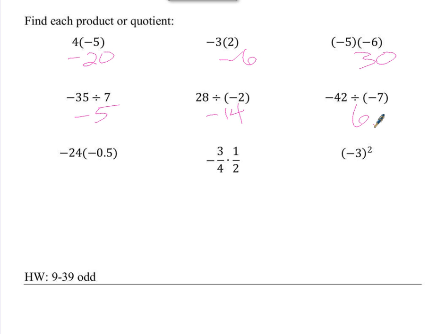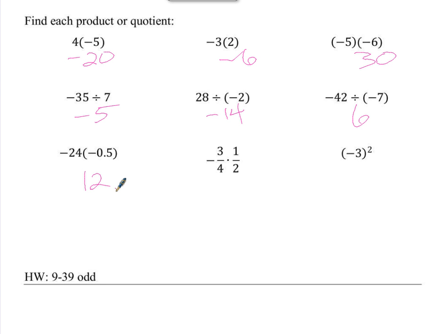How about 24 times 0.5? Positive, and the number will be, is it 12 or 48? It's 12. Positive 12. 24 times 0.5 is the same as 24 times what fraction? 1/2, which is half of 24, which is 12.